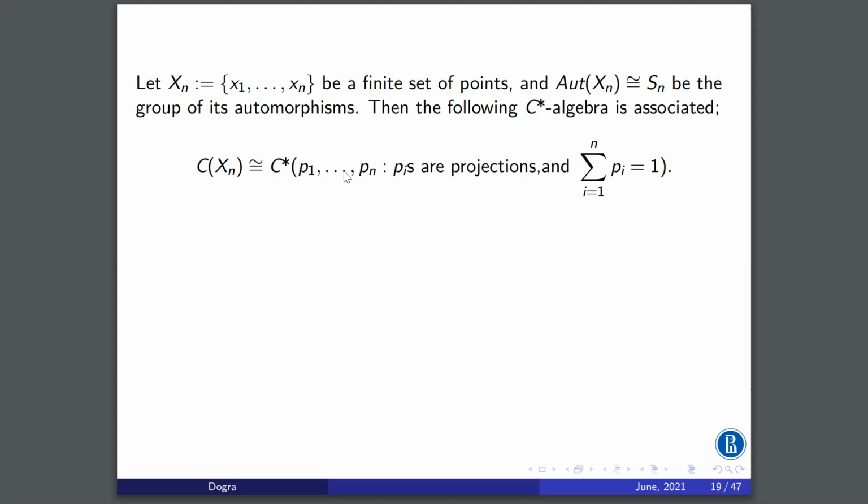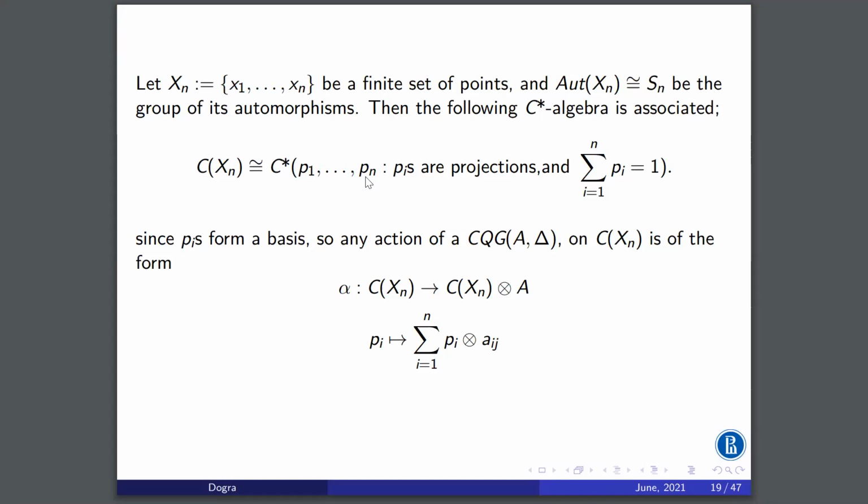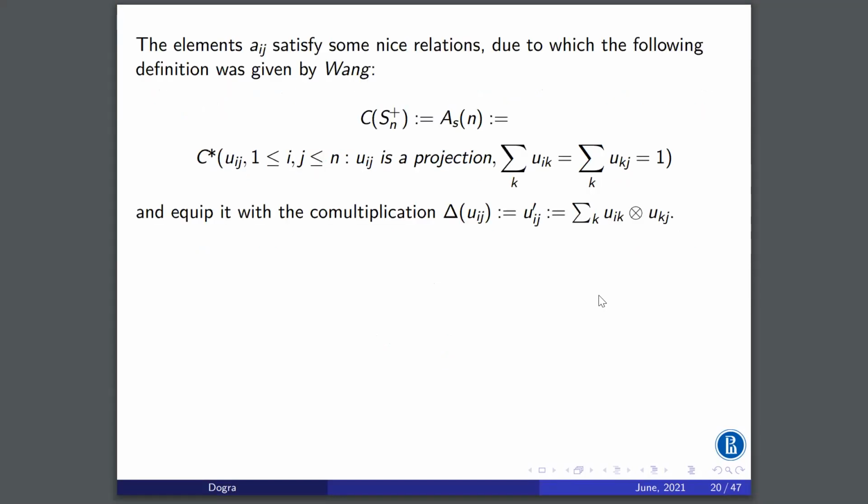It is generated by n projections such that they all sum up to 1. And because such projections form a basis, any action of an arbitrary compact quantum group A on this algebra is explicitly of this form, where a projection p_i is taken to the linear combination of its tensors with the elements of A. And these elements satisfy some nice relations, which I skipped.